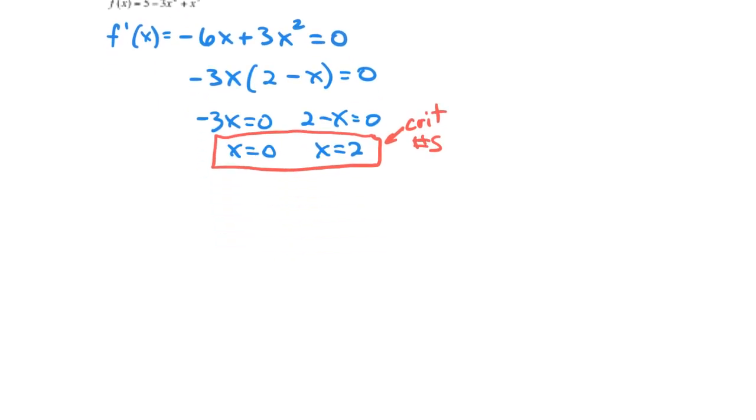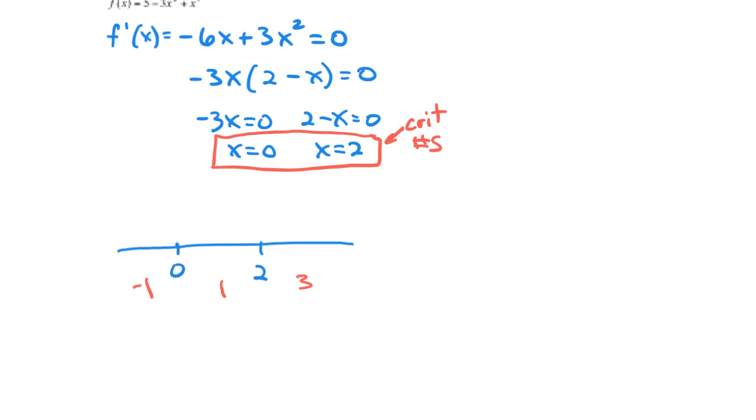So then what we do is make our little number line here. And we split it up at 0 and 2. And we pick some test points. So I'll say negative 1, 1, and 3.